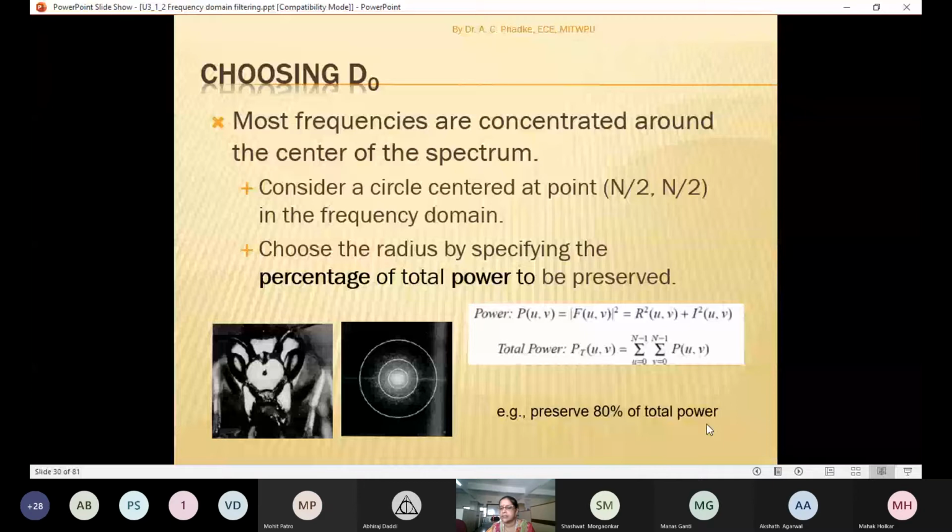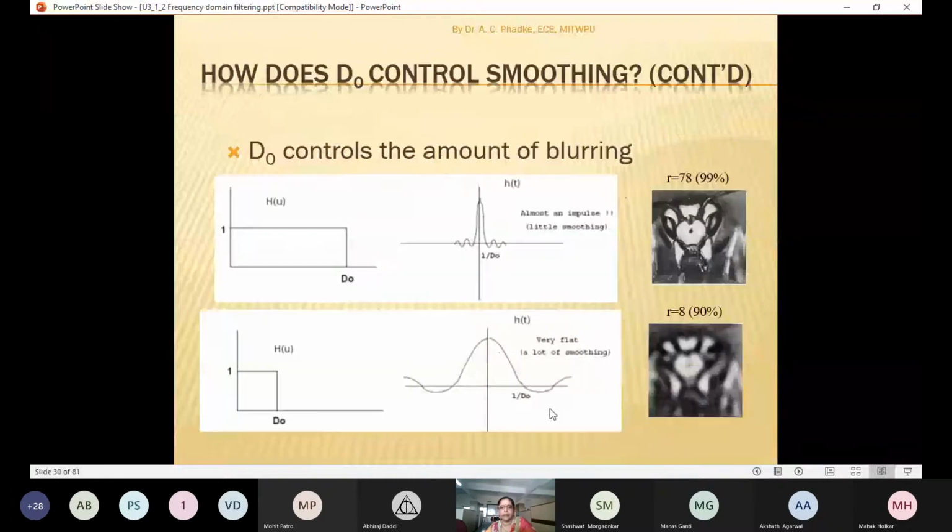So we can select all those coefficients. We start from the central coefficient and go on increasing the radius of the circle such that 80% of the total power is preserved. Here you can observe how this D0 affects your results.